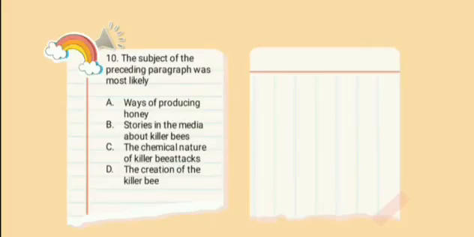Okay, the question of number 10. The subject of the preceding paragraph was most likely blah blah blah. A. Ways of producing honey. B. Stories in the media about killer bees. C. The chemical nature of killer bee ticks. D. The creation of the killer bee.